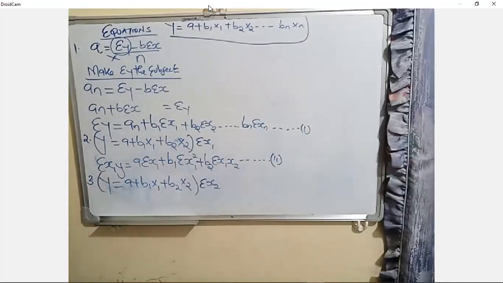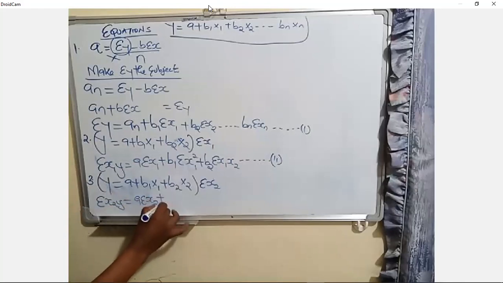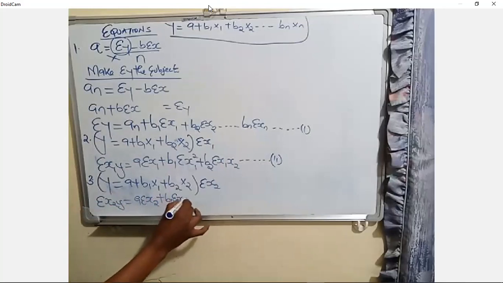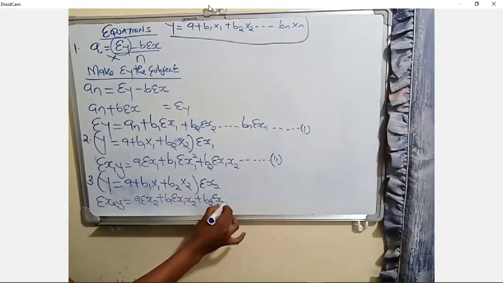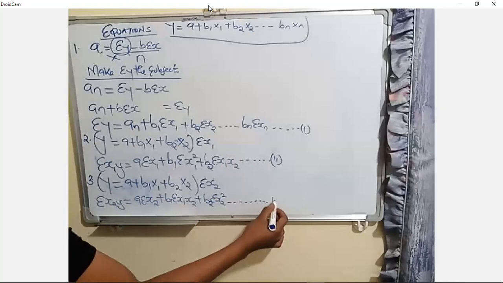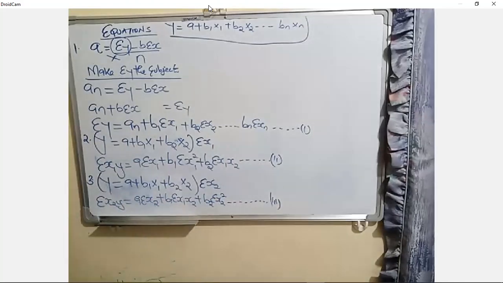So in this case, we open our brackets and we are going to have summation of x2y, which is equal to A, summation of x2 plus b1, the summation of x1 x2 plus b2, the summation of x2 squared, right? And this becomes your third equation. Now, rather than cramming, you can use that criteria to come up with your formulas.